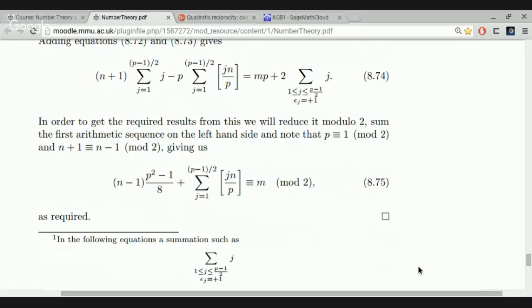Because this notion of the integer part of a multiple j times this fixed value n over p kind of leaps out as some geometrical object. n over p refers to a line through the origin with slope n over p, and the floor of jn over p is the number of integer points lying above integer coordinate j that are underneath the line.